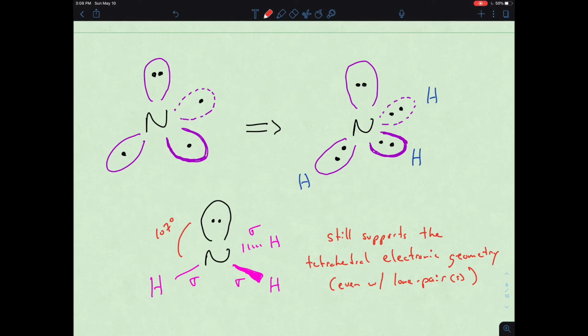So we just count all the groups up. We then hybridize the approximate number of orbitals with the number of groups, and now that's the shape that we talked about prior as far as the electronic geometry is concerned.